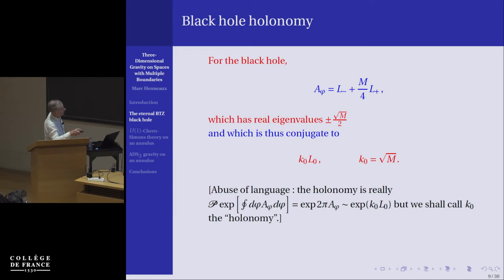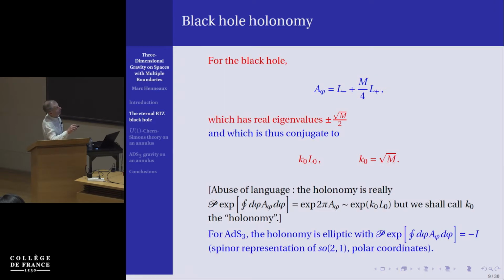So the exponential is very easy to compute. If you use that, you will find it's 2 pi times this. So the holonomy is really that matrix, but I will call the holonomy K0. It's an abuse of language, but this is what I will mean later.